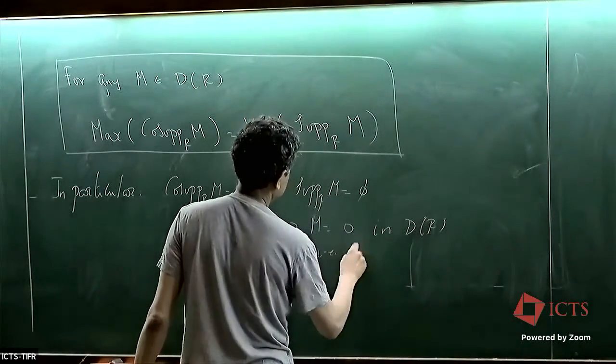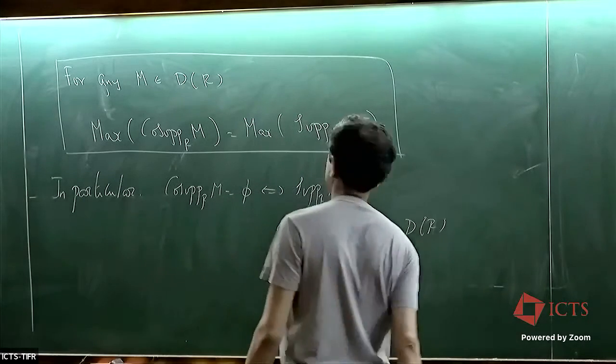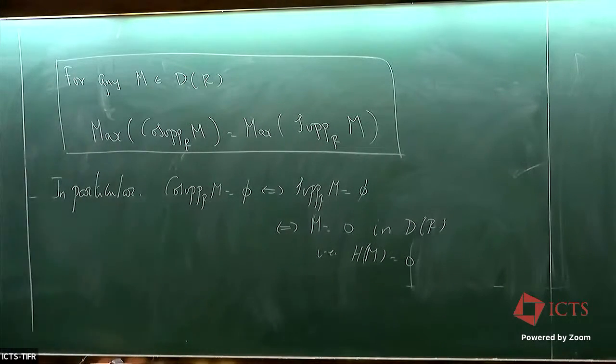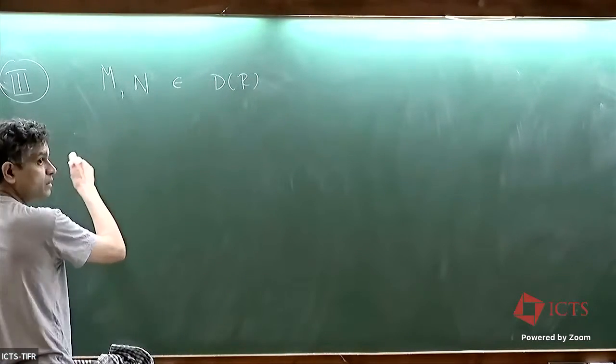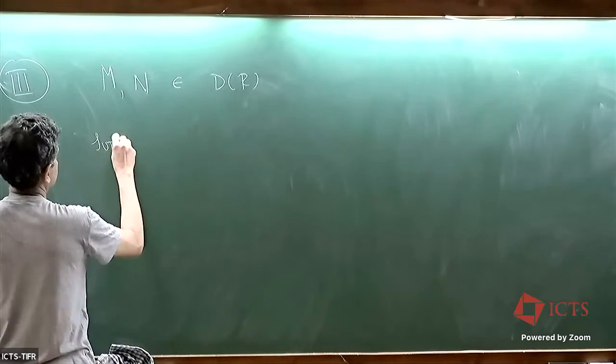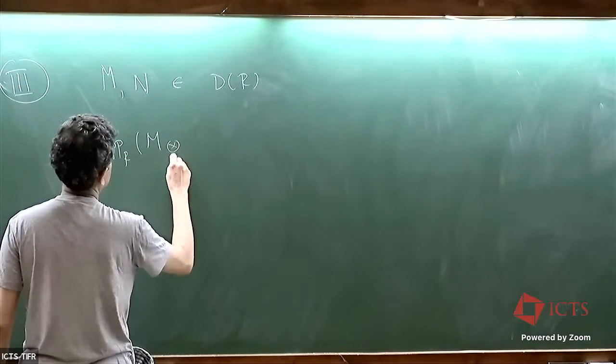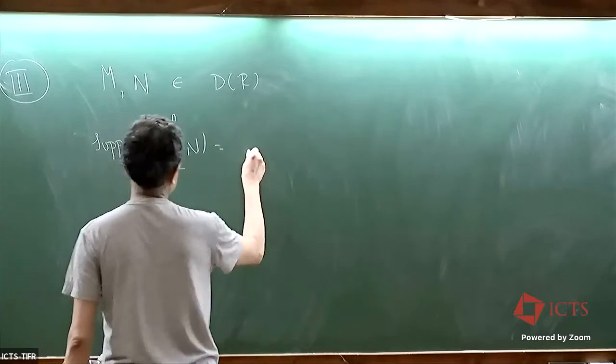Okay, so the last part is about, finally, if you take any M and N in the derived category, it turns out that the support of the tensor product is the intersection of the supports.